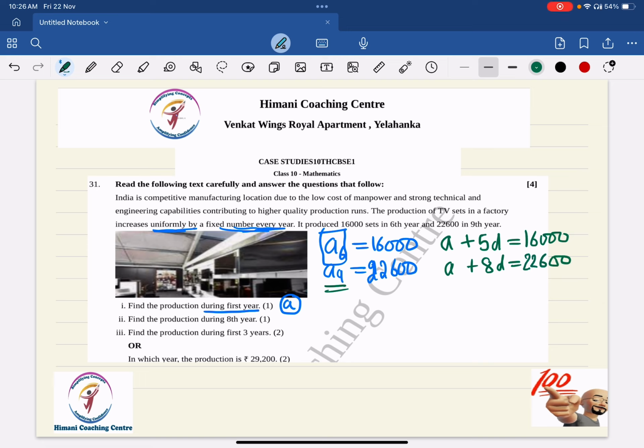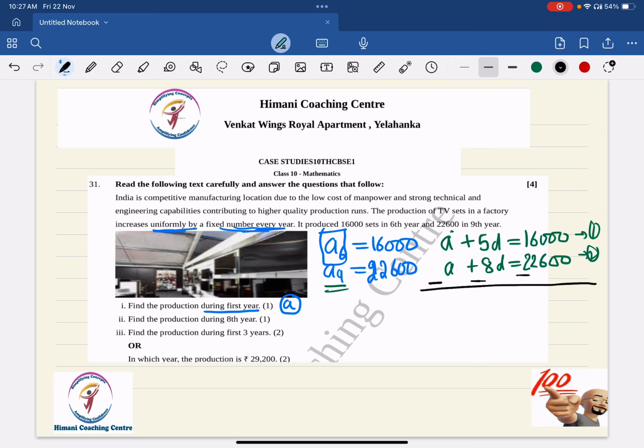Now, can you see we have got a simultaneous equation? If I write these as equation 1 and equation 2, both of them have A as the same term and the signs are also the same. So what should we do? Subtract the second equation from the first to get rid of A. So I am using the elimination method.